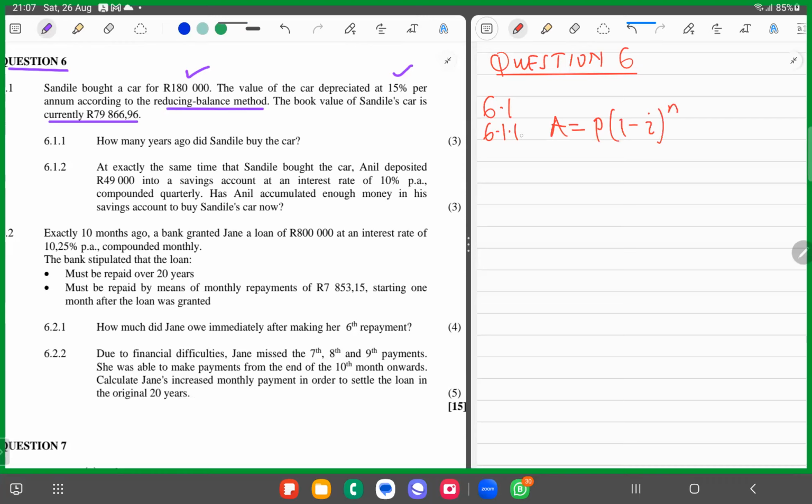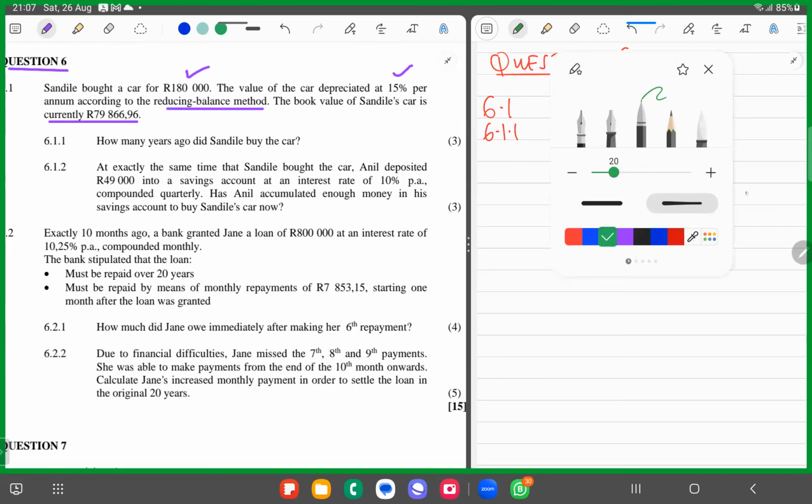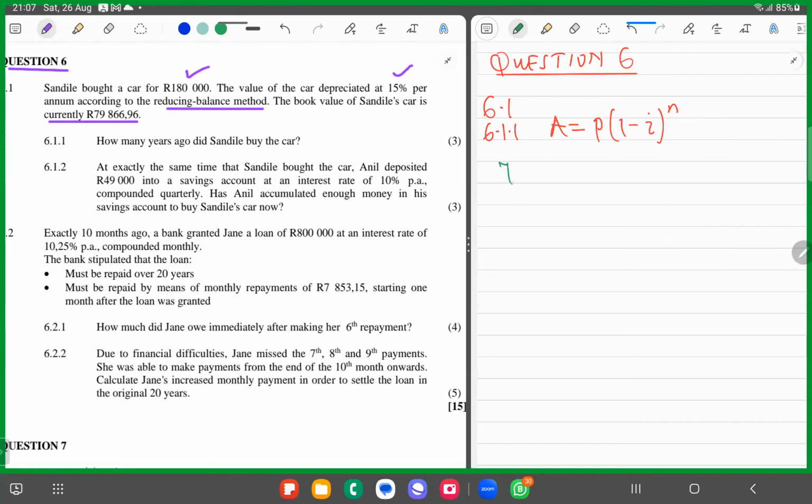So at this point we have 79,866.96, which is 180,000, which is 15% per annum. If 15%, you divide 15 by 100, you get 0.15, and you raise it to the power n.